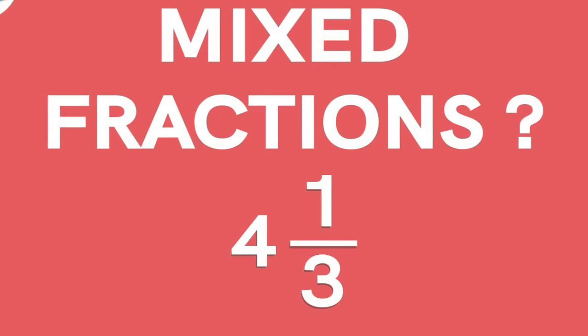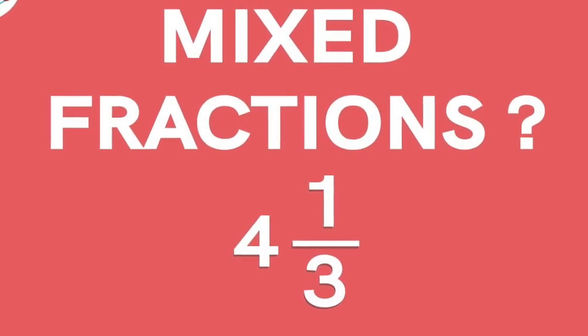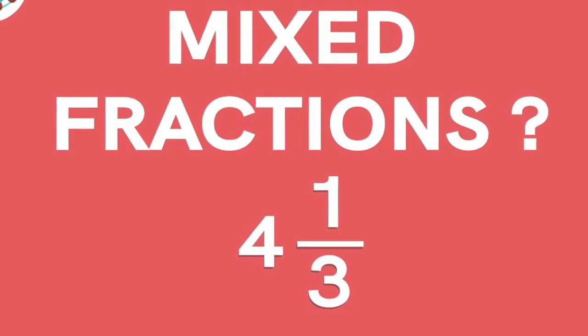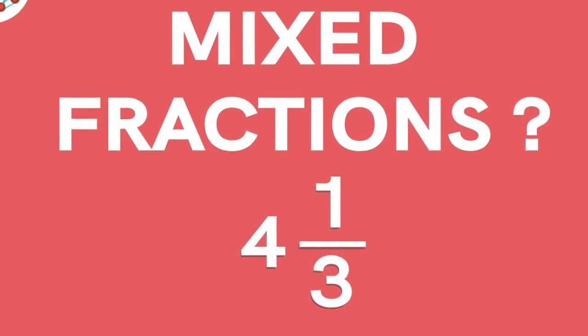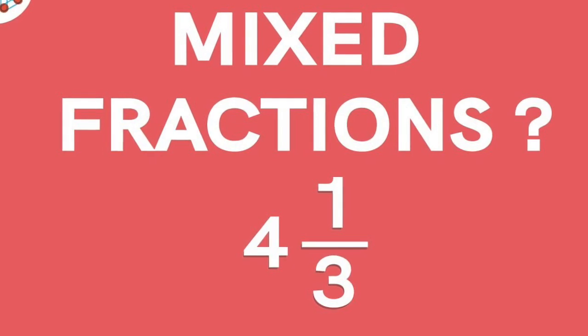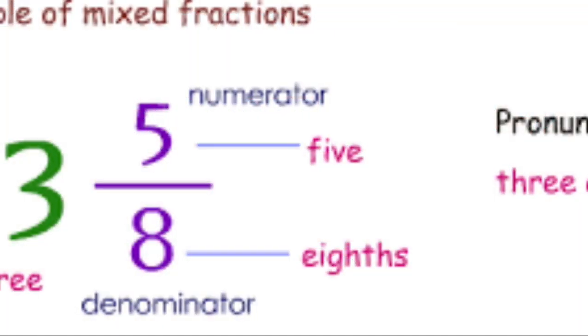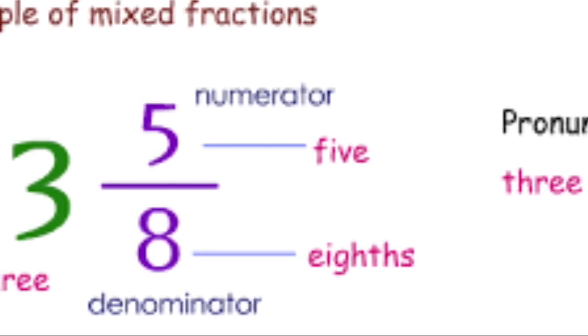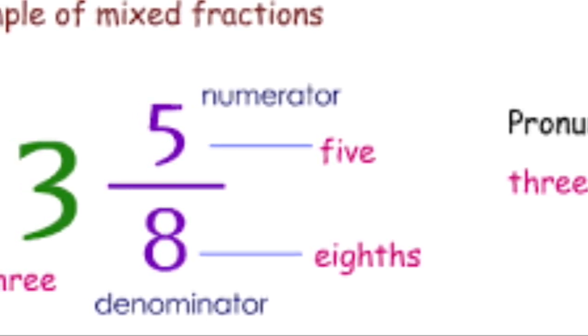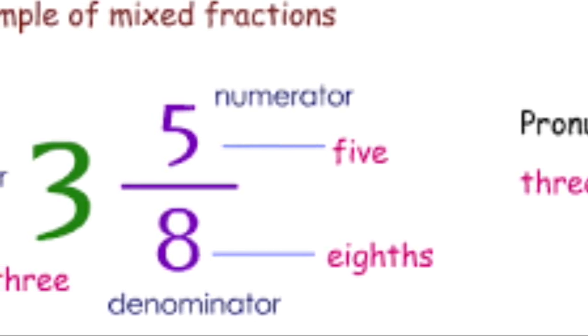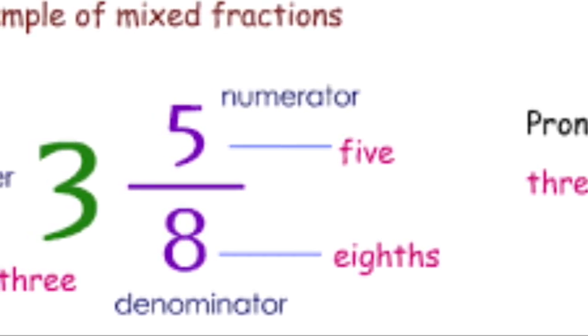This fraction is 4 1/3. You always use the word and when you are separating between the whole number and the fraction. Here's another example. We have 3 5/8.